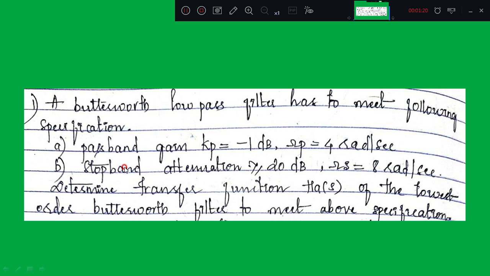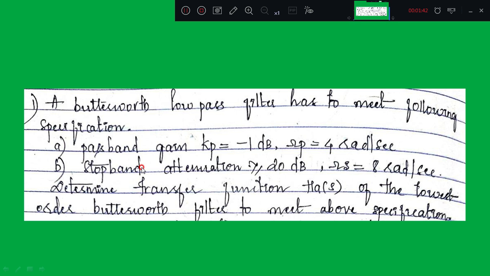Similarly, the stop band specifications are also given, that is the stop band attenuation is greater than or equal to 20 dB, right? So in order to calculate the order of the filter as well as the cutoff frequency, we need the passband gain as well as the stop band gain.